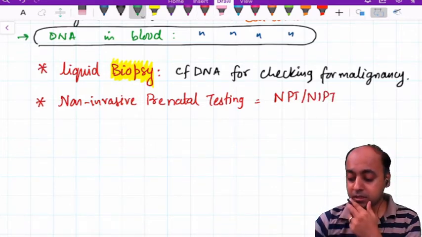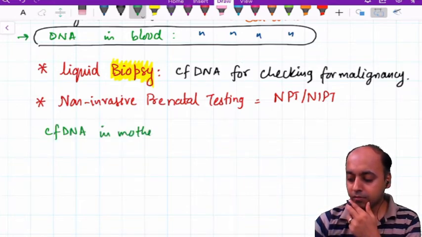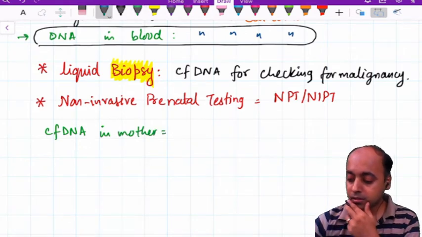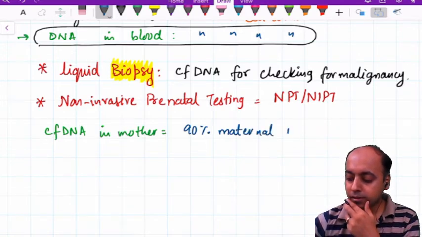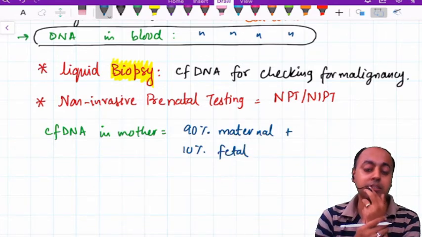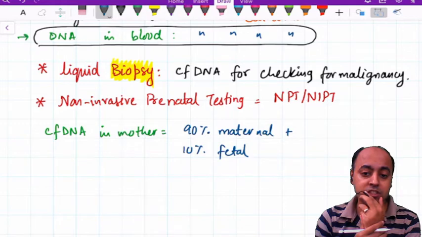Here the premise is the cell-free DNA in the mother is 90% maternal and 10% of fetal origin. Alright, this is the premise for the non-invasive prenatal testing.